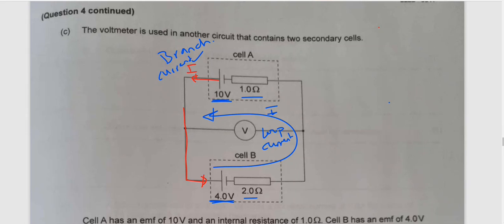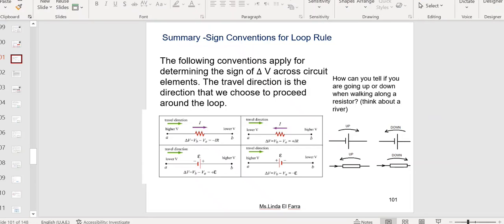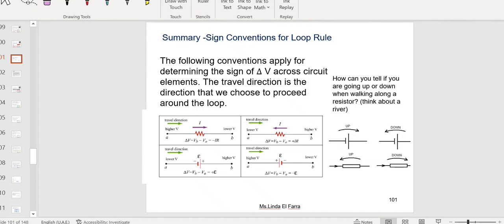and we studied this in Kirchhoff's law, let me remind you of these rules. If the direction of the loop current is the same direction as the branch current, the voltage across the resistance will be negative. Same direction, negative voltage across the resistance.